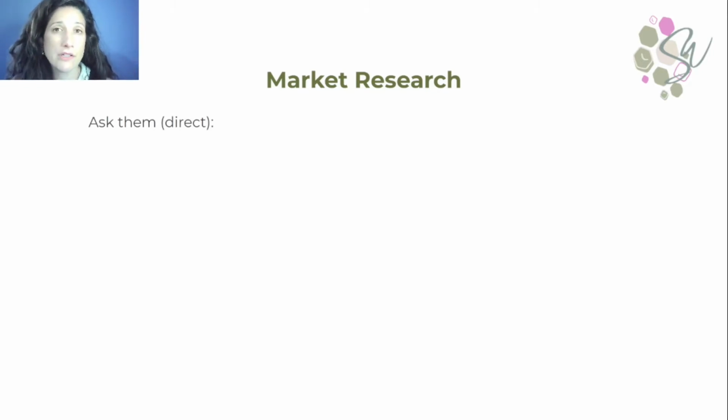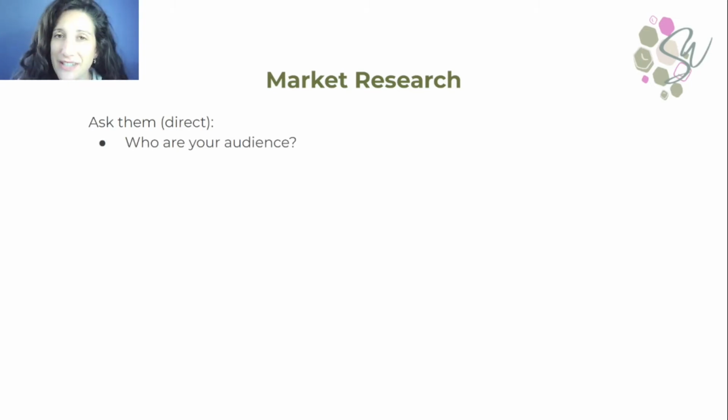So we have direct questions where you can go directly to your audience and ask them questions through forms, through Google Forms or through Typeform, any type of form that you wish, to ask them market research questions where you are explicitly telling them you're conducting research and they are explicitly giving you answers.